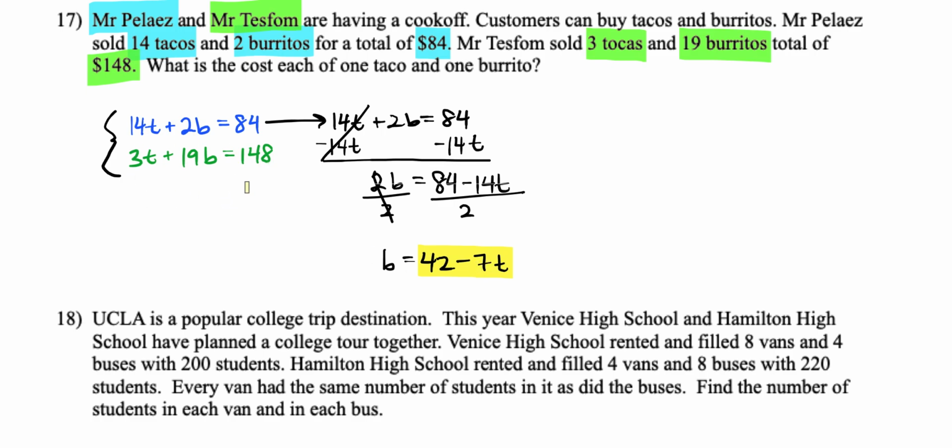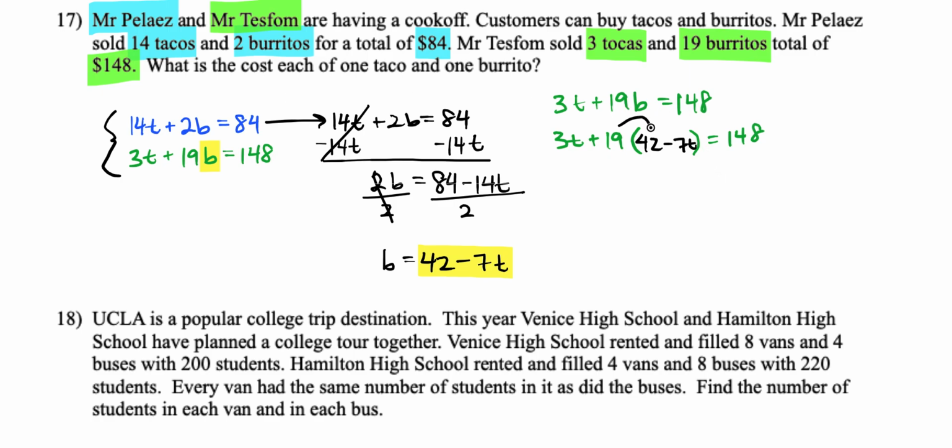Then I can go into my other equation, and wherever I see b, I can replace it with 42 minus 7t. So I'm going to rewrite this equation: 3t plus 19b is equal to 148. Instead of b, I'm going to replace that with a space, and in the space, I'm going to write 42 minus 7t.